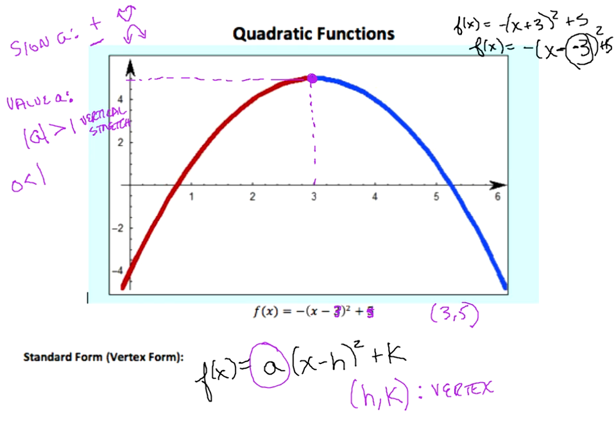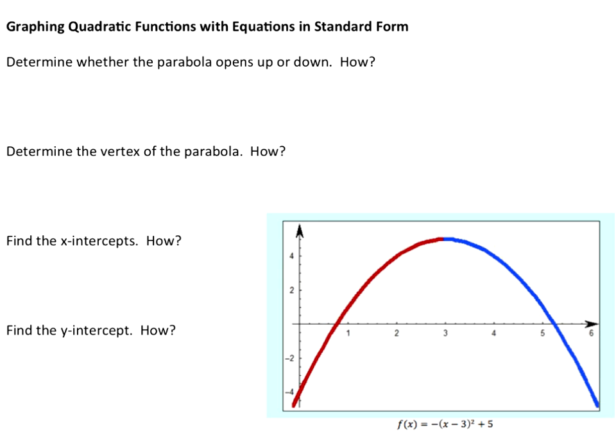If the absolute value of A lies between 0 and 1, then we have a vertical compress, or shrink is what your textbook calls it. So that's vertex form in a nutshell. We'll go ahead and move to the next slide and work with this form a little bit.